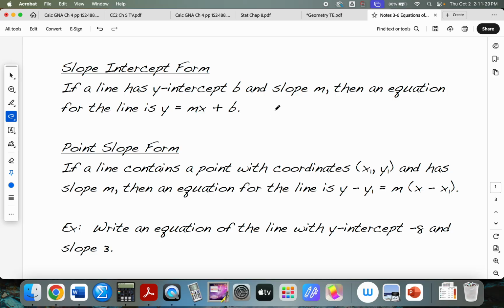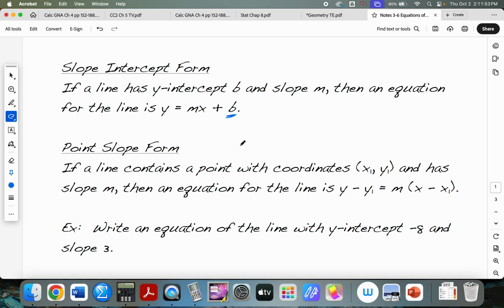I have some students that like to write it y equals b plus mx. Okay, I don't care. It's just as good. Yeah, I know, it makes people turn up their nose. They're like, that's weird. But in some ways it kind of makes sense, because the y-intercept is a y value.